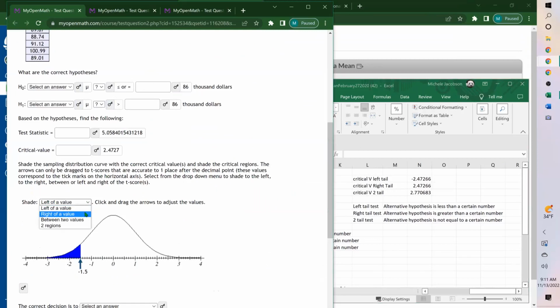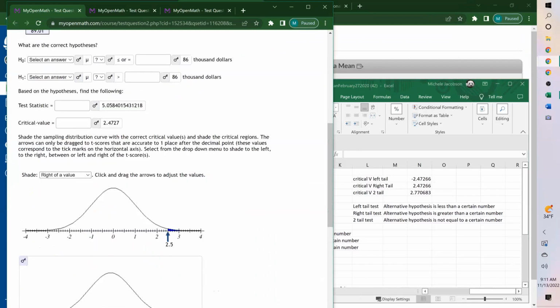We're testing greater than. And then our value is the critical number.